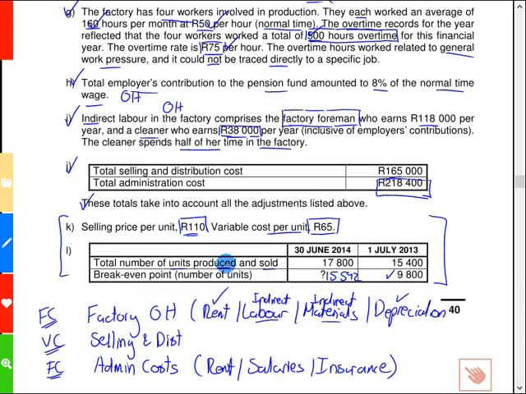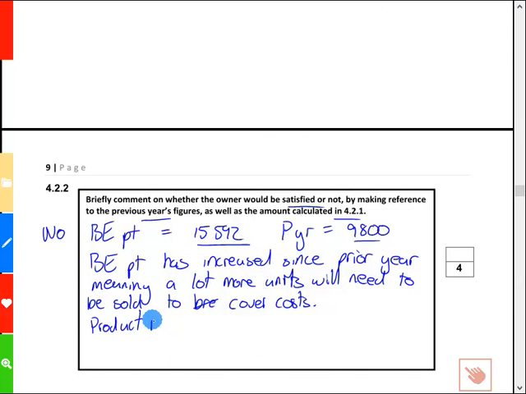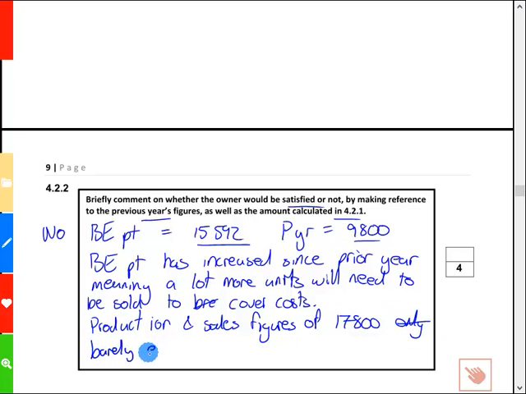The sales figure of 17,800 only barely exceeds the break-even point, which means you may not make a significant profit. Okay.